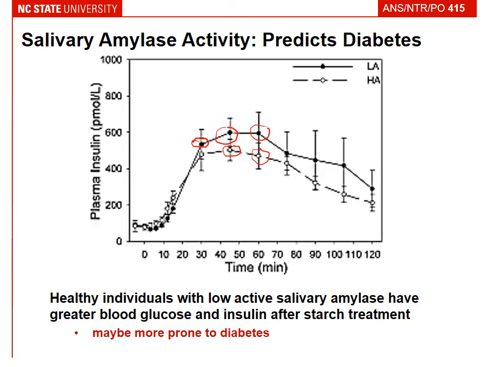They had greater blood glucose and greater insulin, and if you're always having higher blood glucose and always having higher insulin, you're more at risk of becoming insulin resistant. So your cells may not respond as quickly, especially if you end up being on the heavier side. So this would end up being type 2 diabetes that these individuals are more prone to.